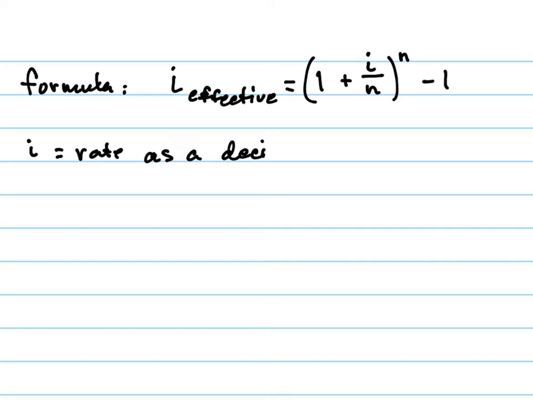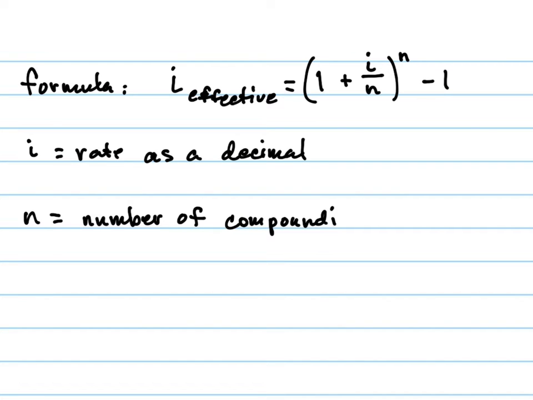So just convert it to a decimal. And n is the number of compounding periods per year. And remember, we've looked at this. You can have monthly, which means n would be 12. Daily, which would be N would be 365. Fortnightly, N would be 26, etc.